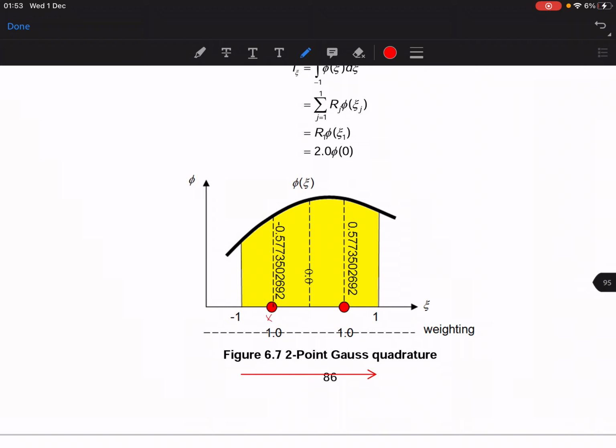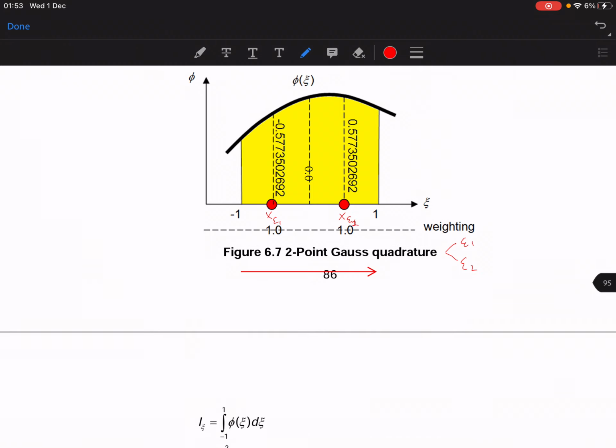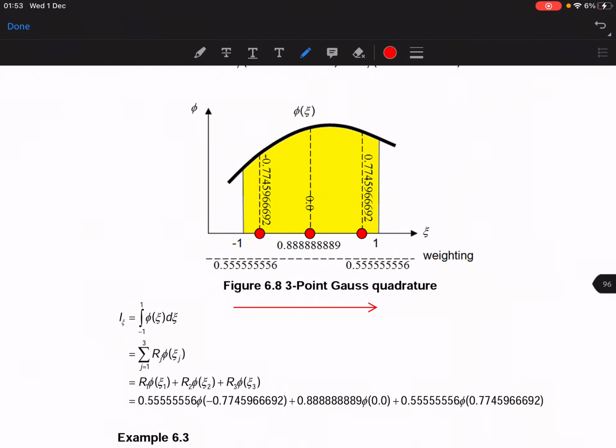Because it's a 2-point, we're going to have zeta 1 and zeta 2. So this is x zeta 1 and this is x zeta 2. While for 3-point, quite similar with 2-point, basically we will have zeta 1, zeta 2, and zeta 3. So this coordinate will become x zeta 1, this one will become x zeta 2, and here will become x zeta 3.